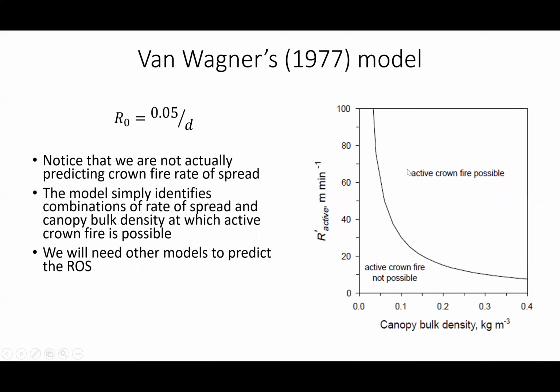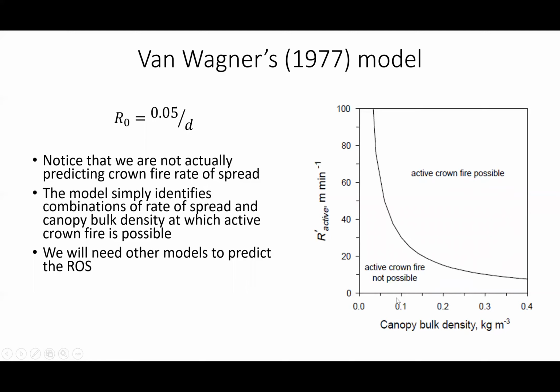This chart on the right shows this nicely: if we have a really dense forest, over here on the right side, 0.3, 0.4 for our bulk density, we need a slower rate of spread to sustain that active crown fire. We're burning basically the same amount of fuel. It's just we don't need a super fast spread rate to burn enough fuel to keep that fire up in the crowns.